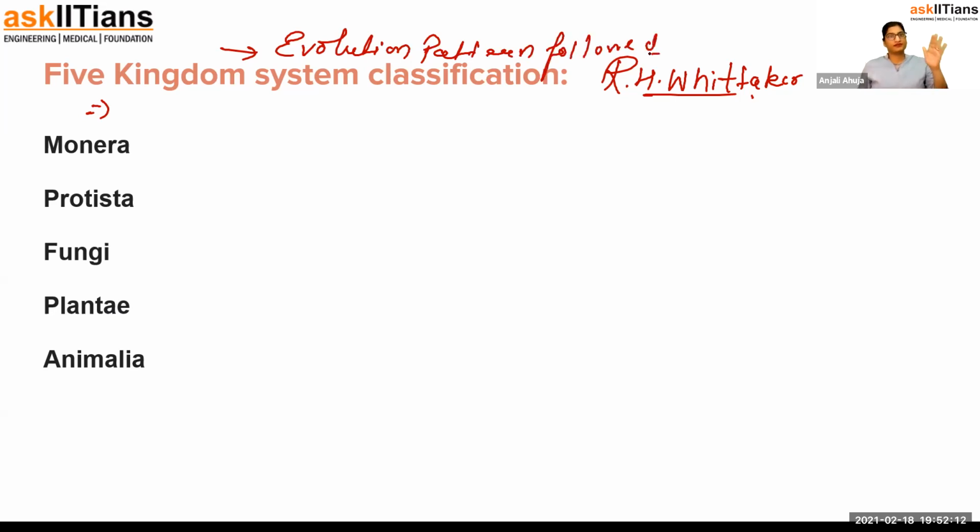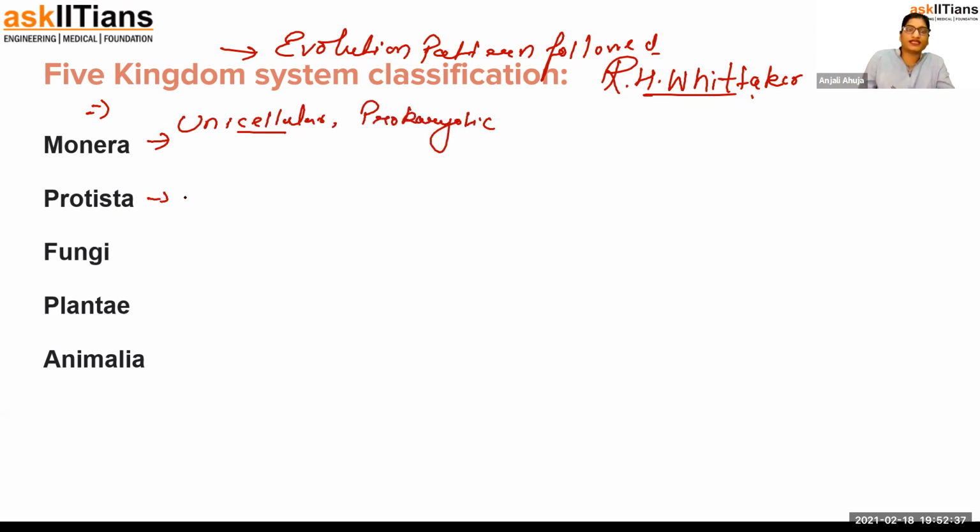Why evolution pattern? Monera is the simplest one. Protista is a little more modern. Fungi is a little more modern in body system. Then plants, and then Animalia is the most modern body system. So Monera are all unicellular and prokaryotic.